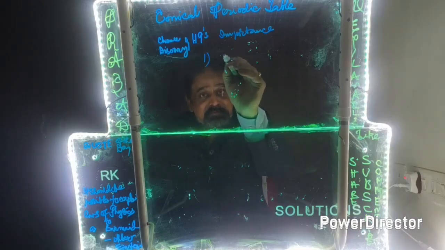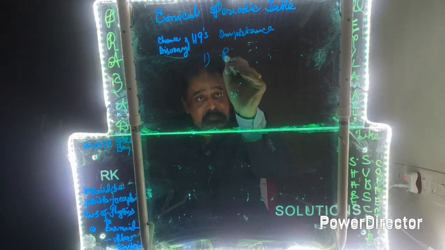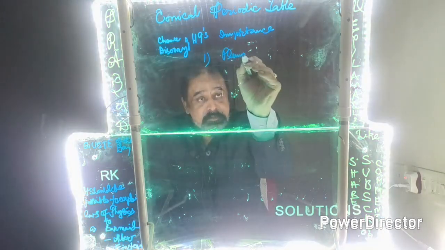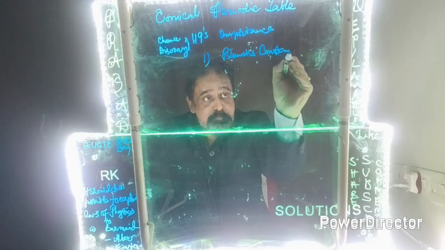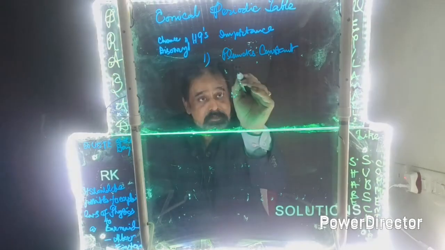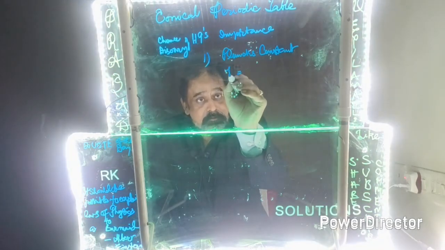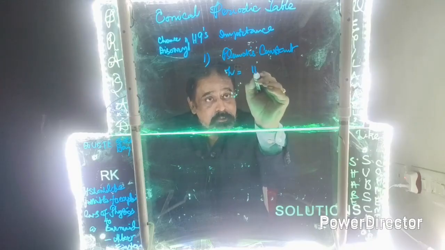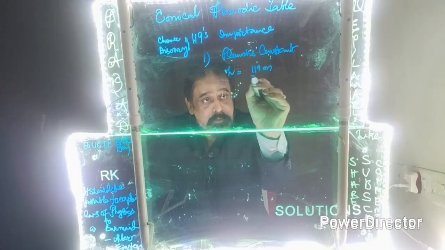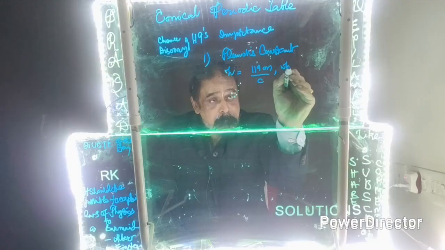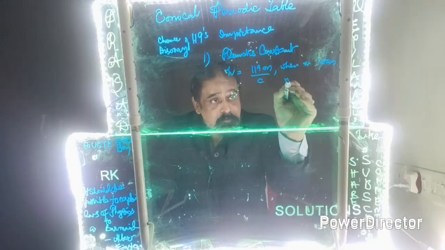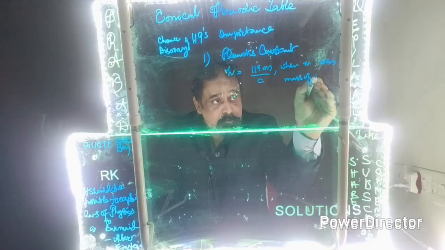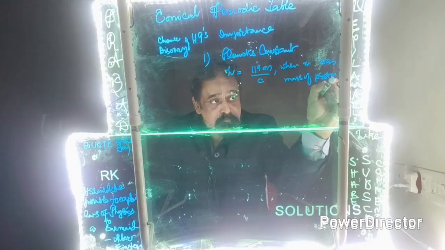That was basically Planck's constant. I started with Planck's constant, which worked out to be H equals 119 m by C, where m was the mass of a proton. Right?